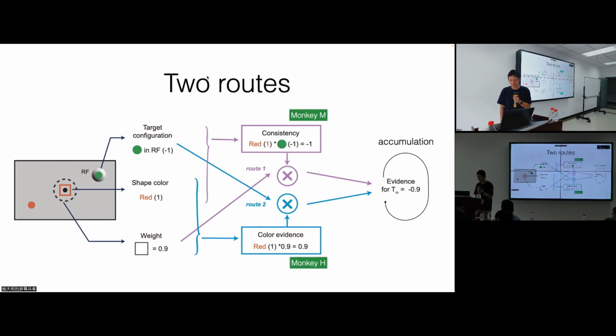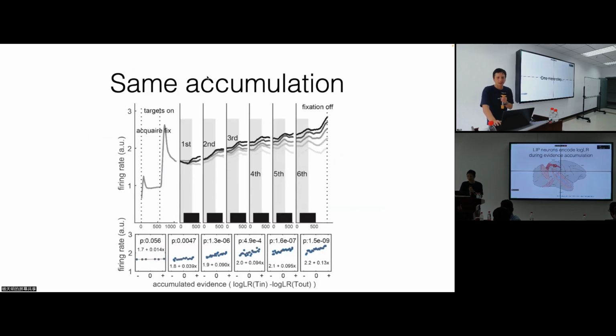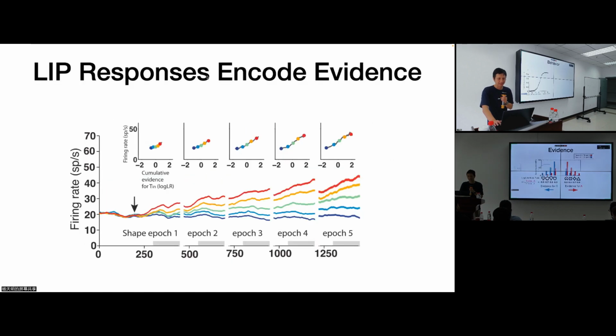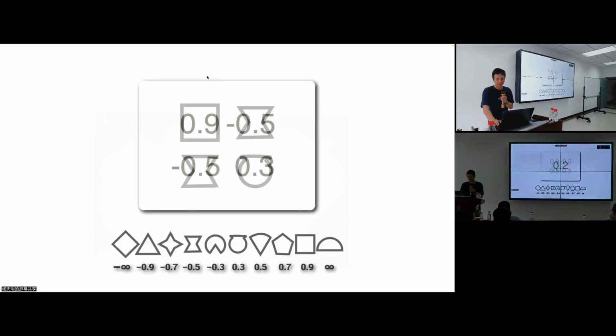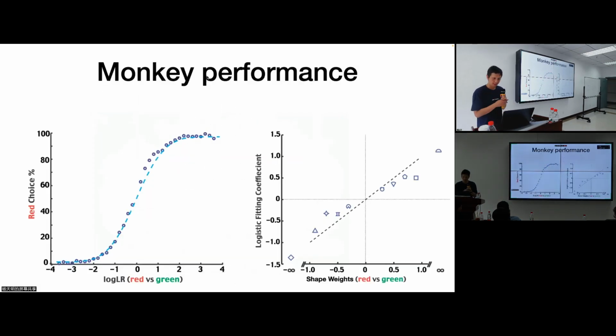Yes, that's an excellent question. There are a lot of details that I just gloss over, but very much related to your question. When we are doing logistic regression, I showed you that the coefficients seem to match the shape weights very well, and we're using this figure to show that the monkey seems to learn the quantity of each shape pretty well.